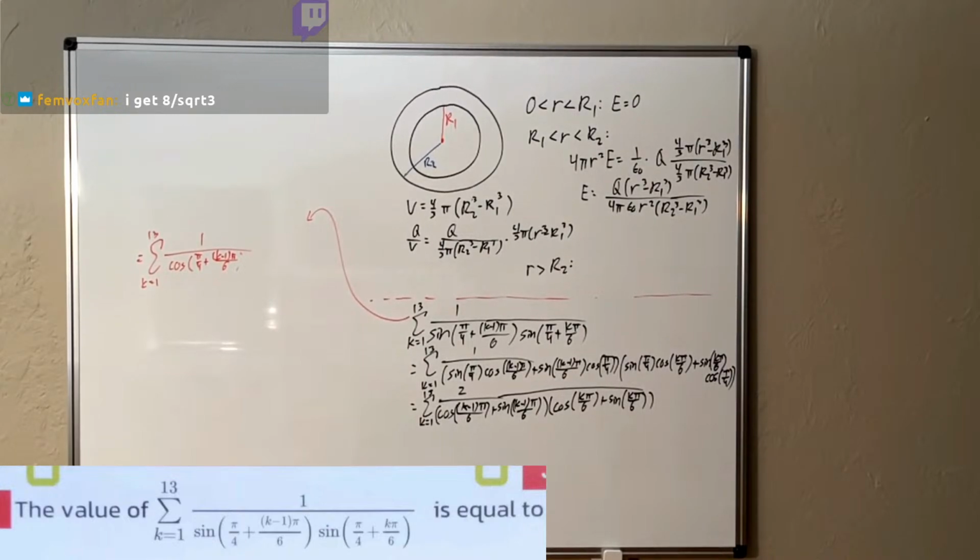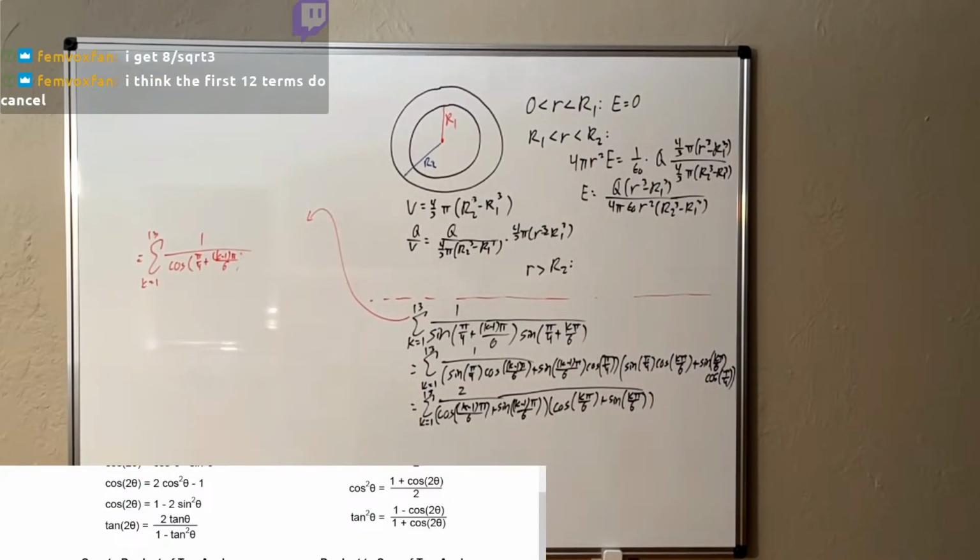And Lux is getting 8 over root 3. The first 12 terms cancel? Oh, interesting. Oh, can you pair these up in a clever way? Yeah, that must be it.